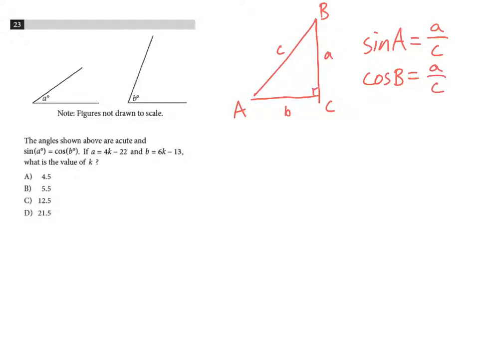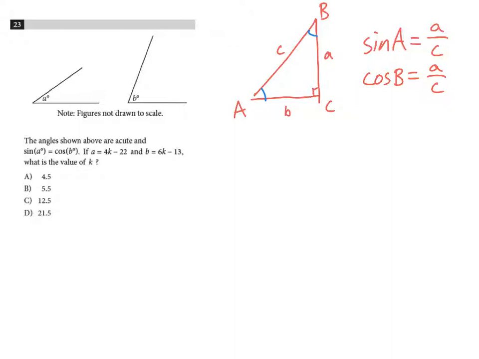Okay. Well, we also know that if two angles are what's called complementary, these are complementary because they add up to 90 degrees, then the sine of one will be equal to the cosine of the other.